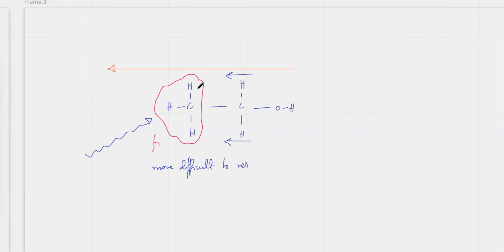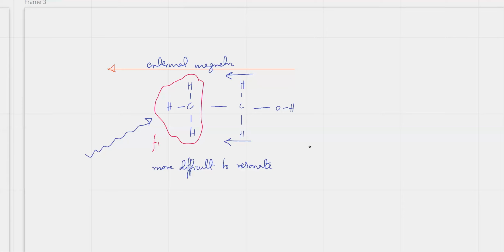So the resonant frequency would be slightly higher, because along with the external magnetic field, you have these neighboring hydrogen protons and you have to oppose their magnetic field as well. But this is not always the case.